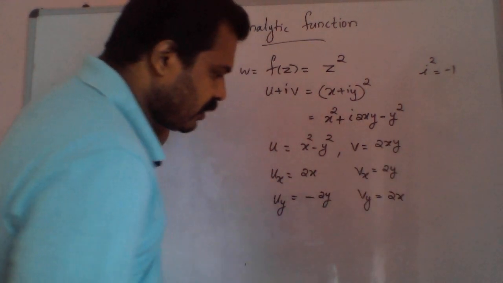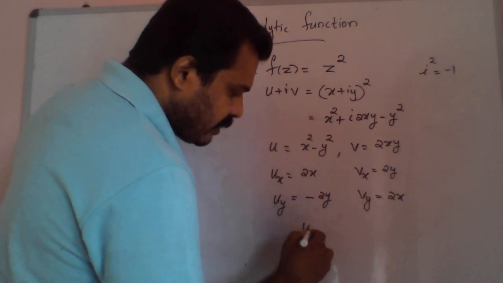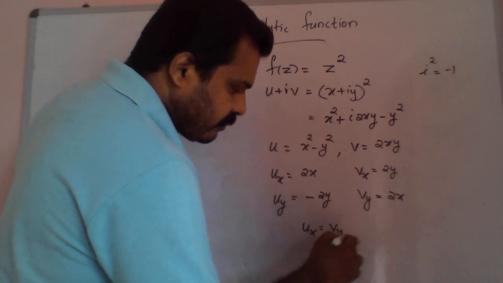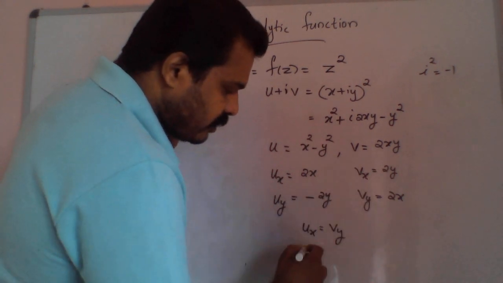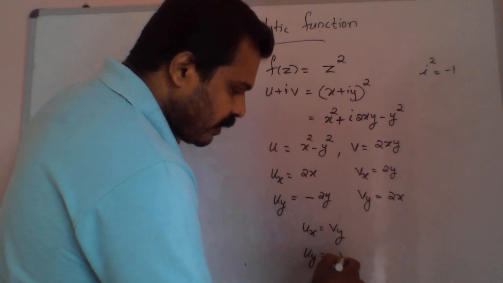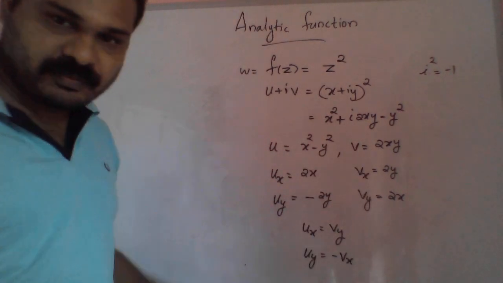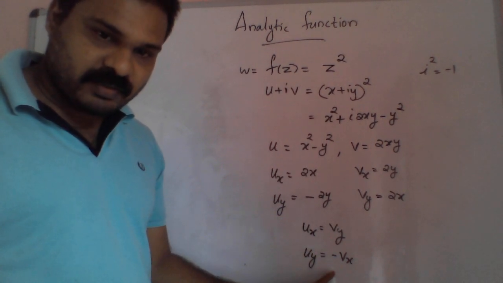So 2x. So we have ux equal to vy. And uy is minus 2y, vx is 2y. So that means uy is equal to minus vx. So ux is equal to vy and uy equal to minus vx.